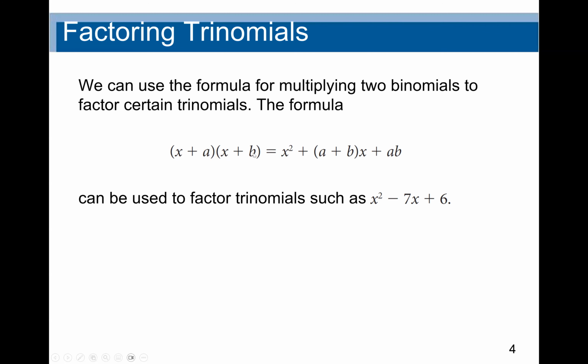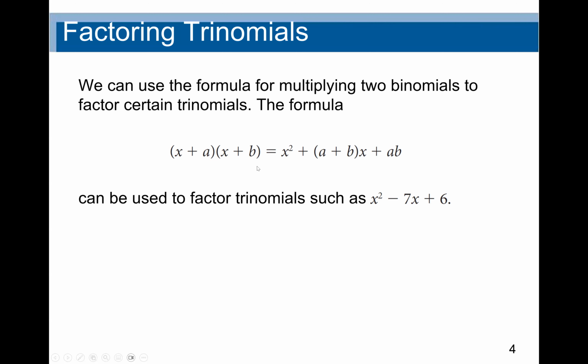So xa plus xb is the same as writing a plus b times x. Then we have a times b, so that will give us ab. So this can be used to factor trinomials such as x squared minus 7x plus 6.